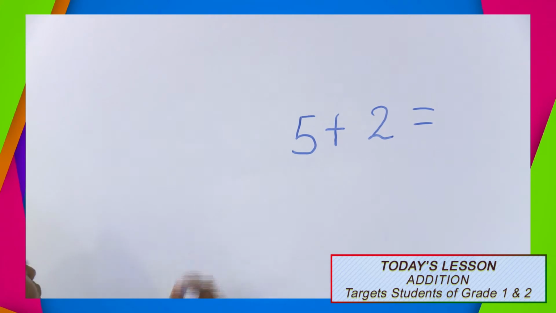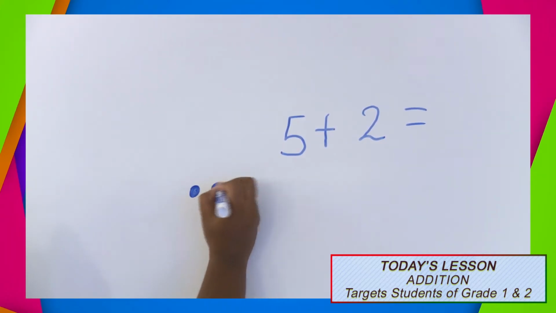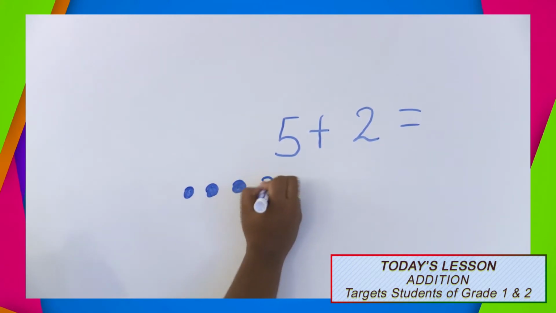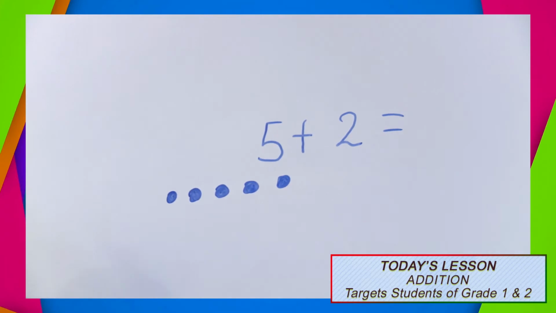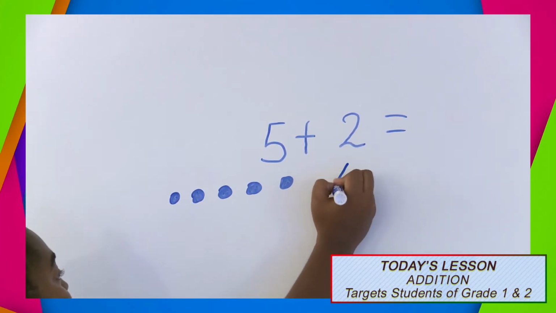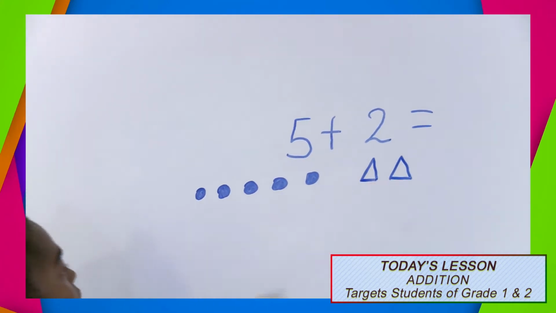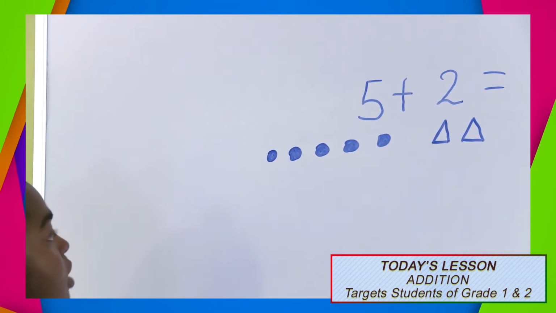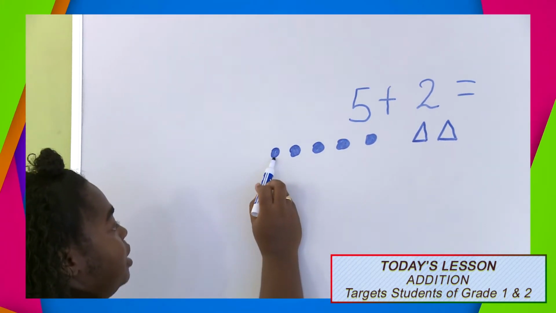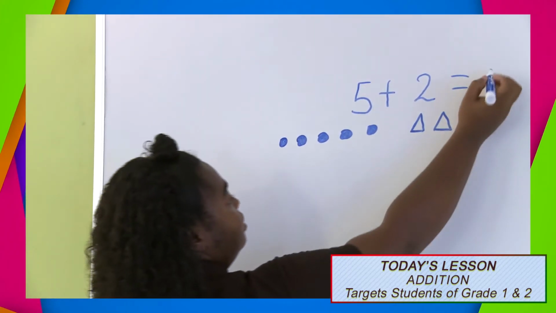I'm going to put 5 dots to represent the 5. 1, 2, 3, 4, 5. And now I'm going to put 2 triangles to represent the 2. 1, 2. And now we add the total number of objects together. 1, 2, 3, 4, 5, 6, 7.